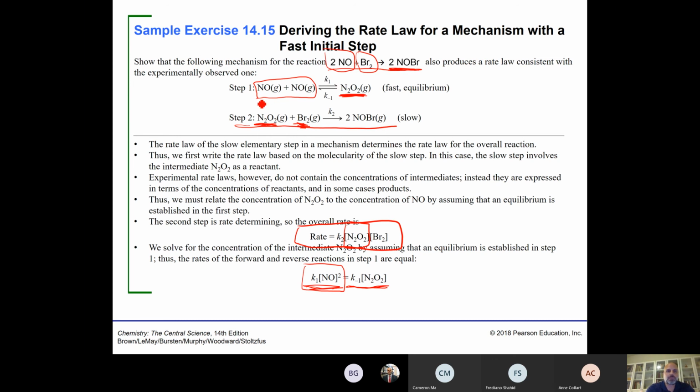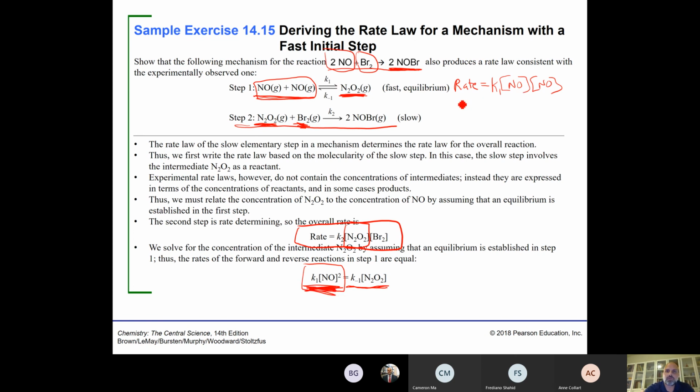If we were to just look at the first reaction alone, we would say that the rate of this reaction in the forward direction is equal to K1 times the concentration of NO times the concentration of NO, right? And this is where the K1 times NO squared down at the bottom came from.